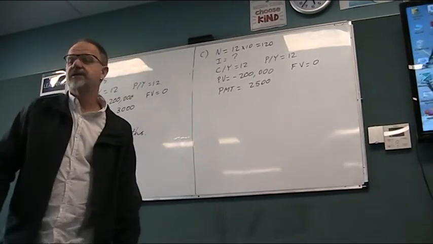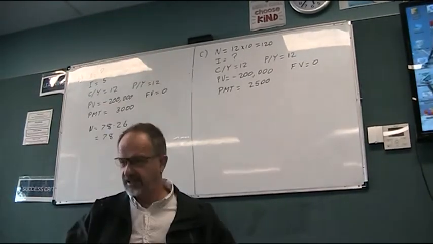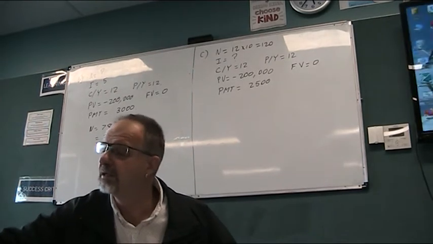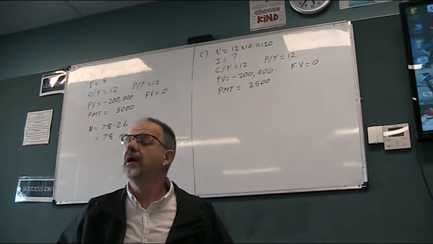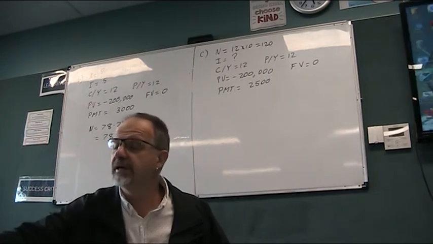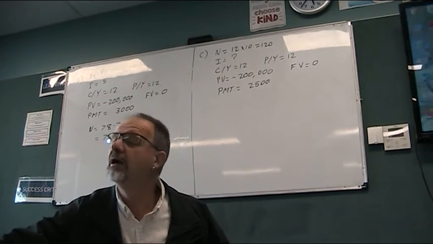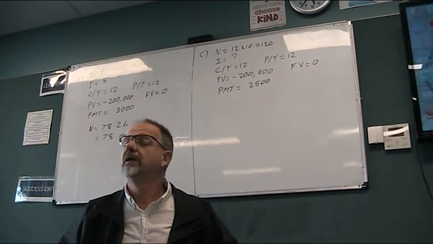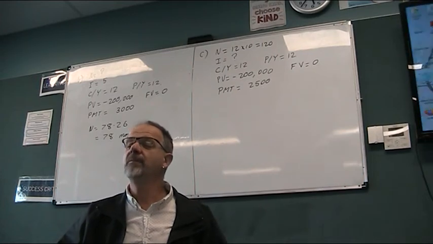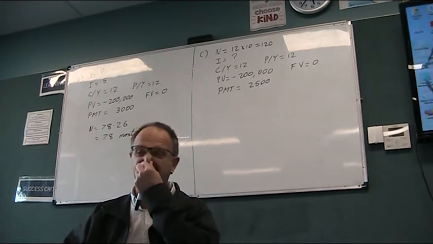All right, so we just go and change those things. N is 120, payment, change that to 2,500. And this time, we go and click on the button next to the interest rate.